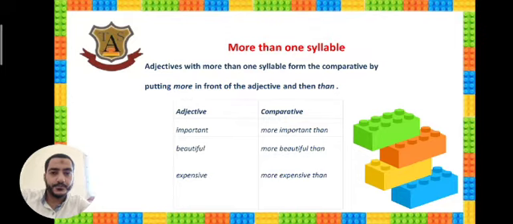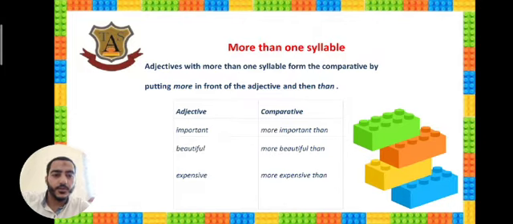The next one, beautiful. All of you know this word, beautiful. It's an adjective and it has more than one syllable. Beautiful has three syllables, so we have to add more before it and the word than after it to make a comparison.